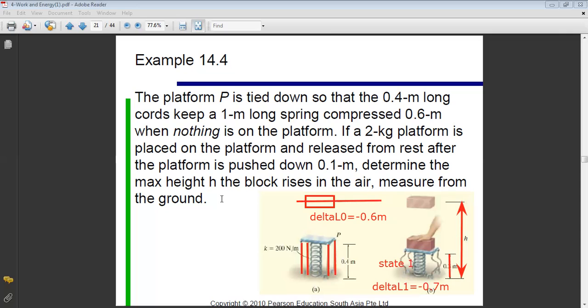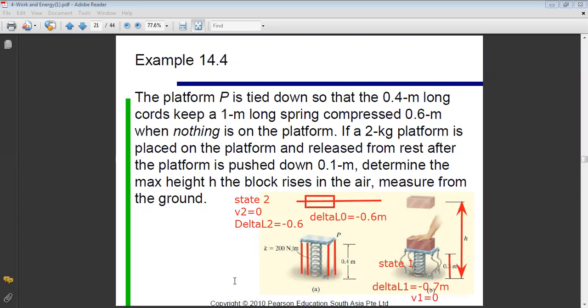In state 2, the characteristics are a velocity v2 of 0, and for the spring at this state, delta L2 will be equal to minus 0.6 because the length here is 0.4, and delta L2 will be equal to delta L0, equal to minus 0.6. While at the initial state delta L1 is minus 0.7 and v1 is 0 because my system starts from rest.